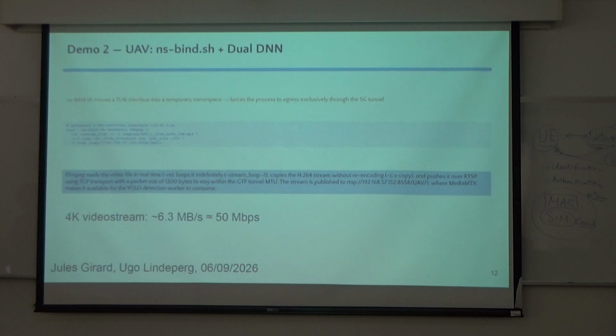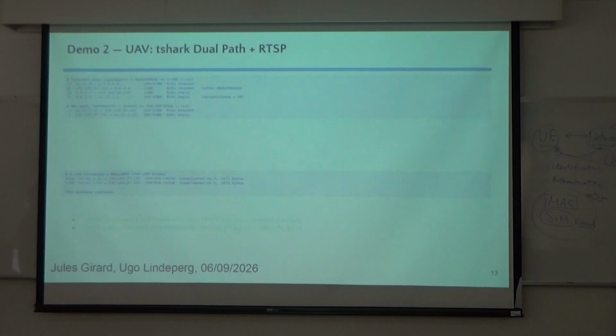So we simulate a 4K video stream with about 6.3 megabytes per second, about 50 megabits. We can also check with Wireshark if the traffic is correctly encapsulated.